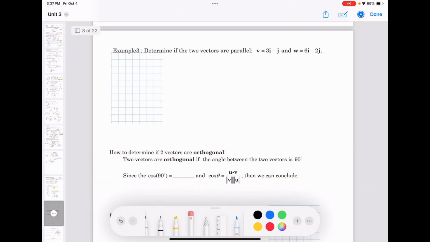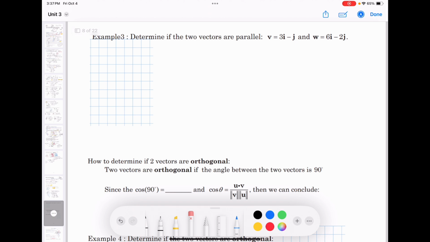Let me ask you, if two vectors overlap each other, what is the angle between them? So theta must be 0 if they are parallel to each other. And how about if they are opposite to each other? So the angle between them is 180 degrees. So theta is equal to 180 or 0 degrees.